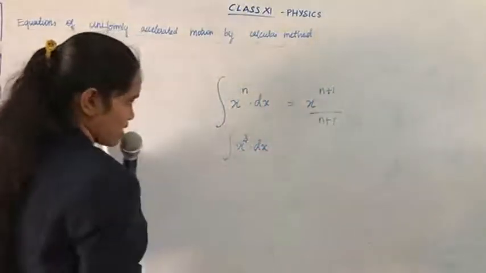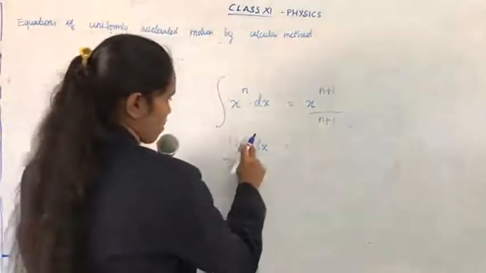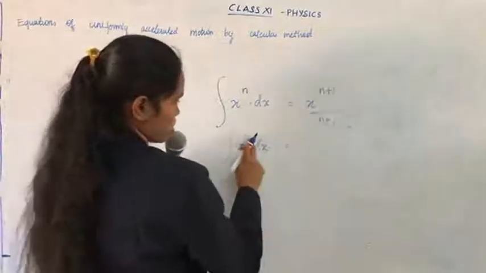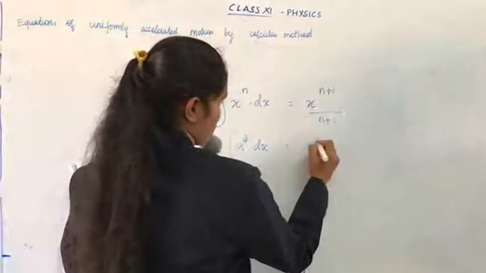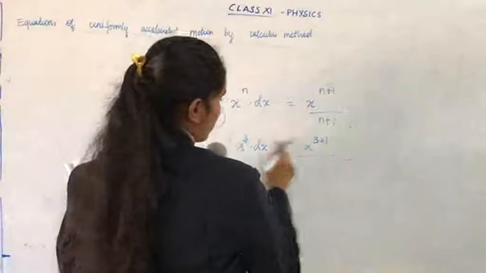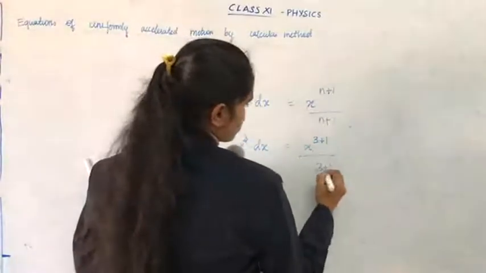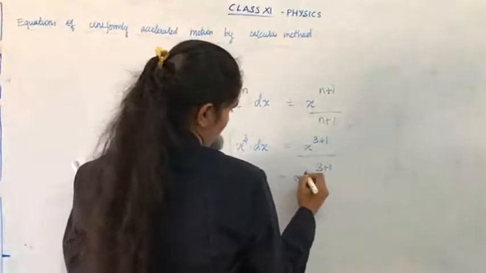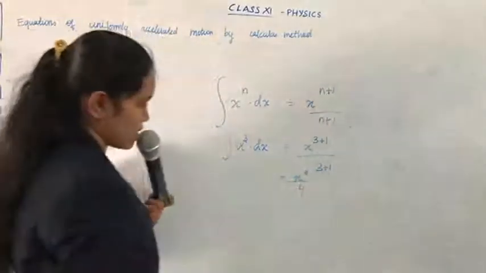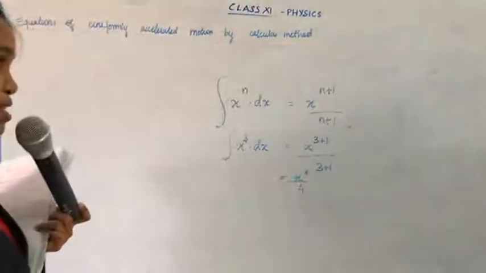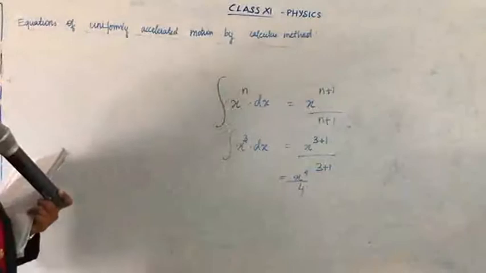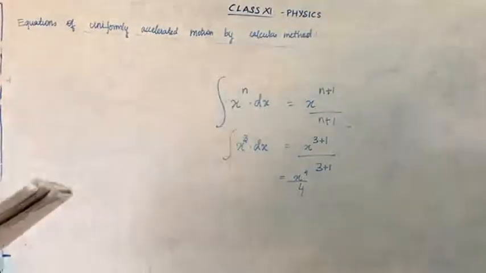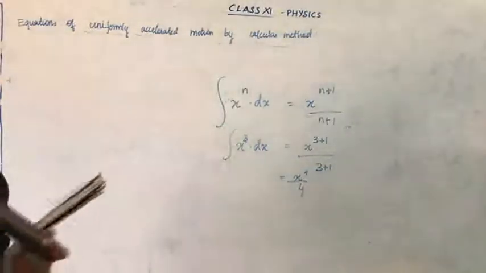Then x power n plus 1, so 3 plus 1: x power 3 plus 1 by 3 plus 1. So what happens? X power 4 by 4. This is the answer. So this is the integration. Okay children, in this equation you will go through integration.